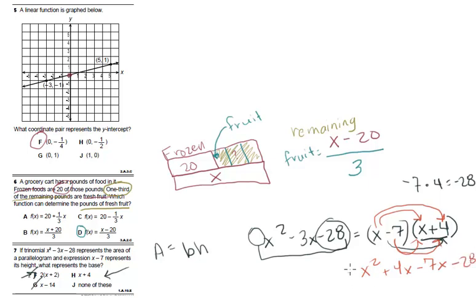So then if I combine, this is negative 3x minus 28. So that means that this factor is in fact the base, because when I multiply it by the height, I get this product. So our answer is H.